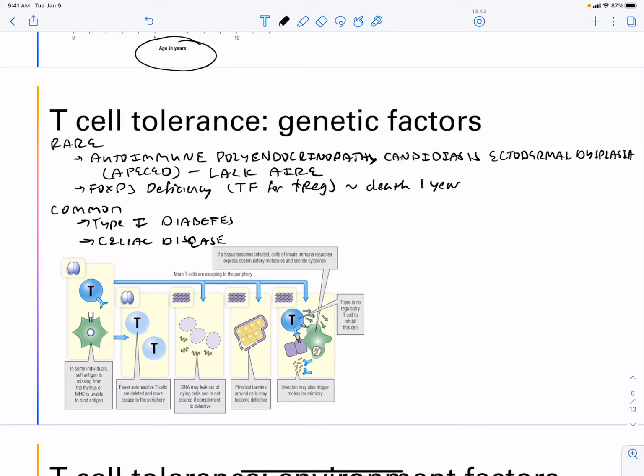Because these are more common, instead of these rare mutations, you're going to have common polymorphisms, which are going to be linked to a breakdown of tolerance rather than the rare AIRE or the rare FOXP3. So these are going to be associated with common polymorphisms.